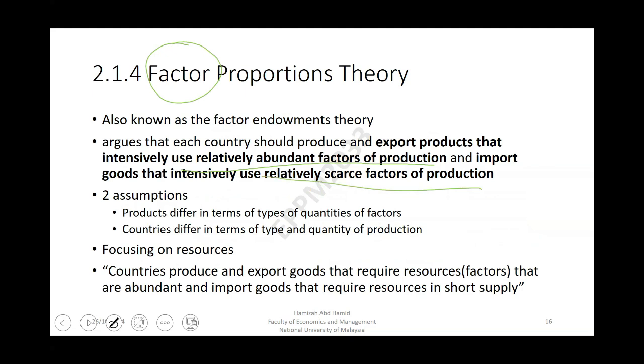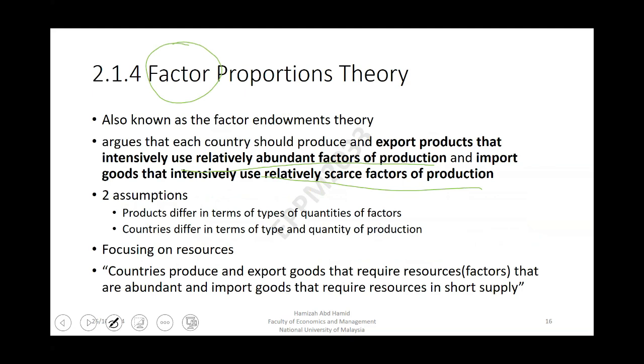Okay, so many words here. Again, this theory focuses on efficiency. If you need so many resources to produce 1 ton of a commodity, it's better to import it.